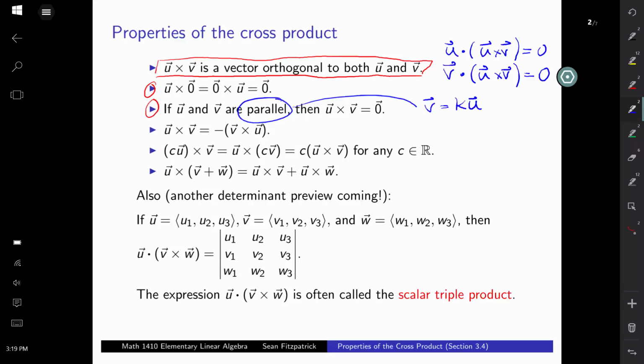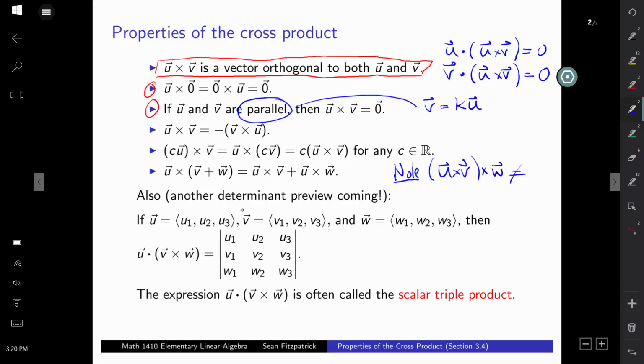One interesting thing about the cross product, however, is that the cross product is not associative. So let's just add this as a note. If you take u cross v, if you take the cross product of two vectors in R3, this is once again a vector in R3, so you could then take the cross product of that with a third vector, let's say w.